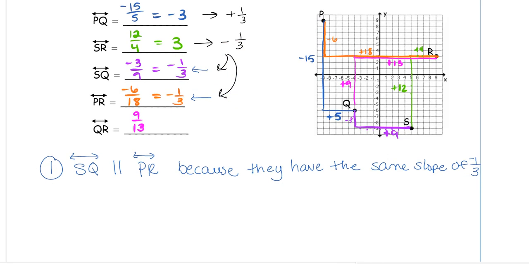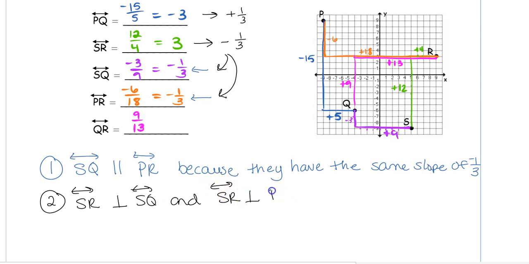That means that I have a couple different lines that are perpendicular to each other. I have that line SR is perpendicular to SQ, and line SR is perpendicular to PR. Because I am looking for a negative 1/3 slope, and those both have negative 1/3 slopes.